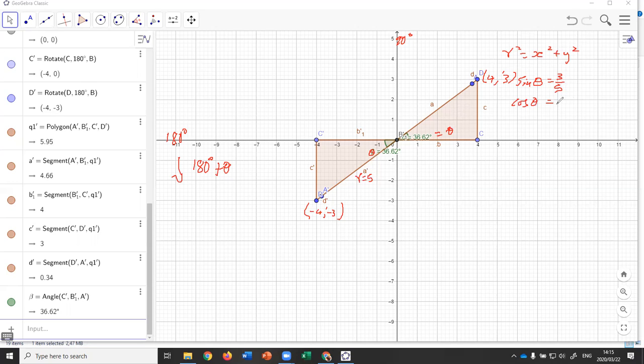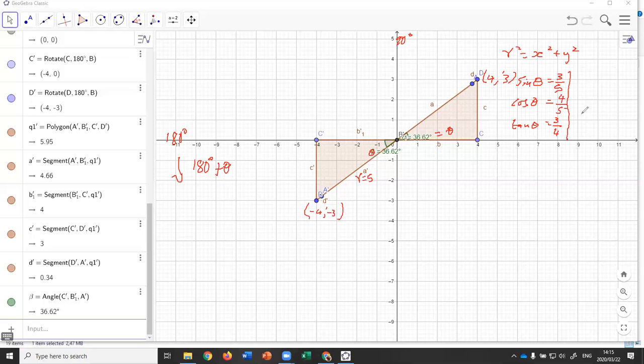Cosine of theta is adjacent, which is 4 over 5. And the tan of theta is what? Opposite, which is 4. No, opposite is 3, sorry. Opposite is 3, so then I have 3 here because that's the y value, and that's 4.